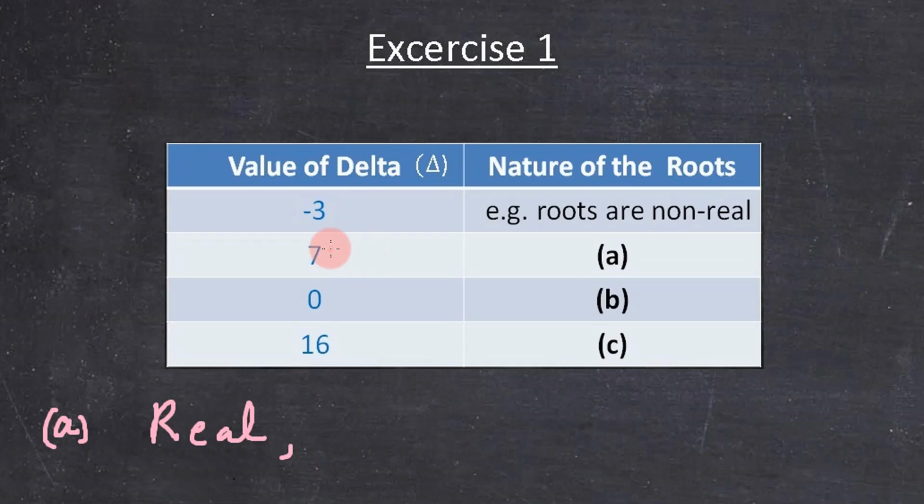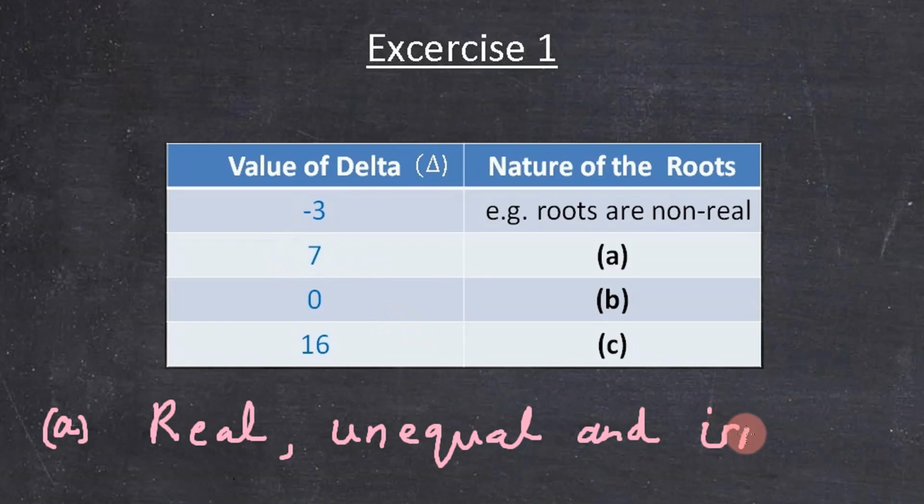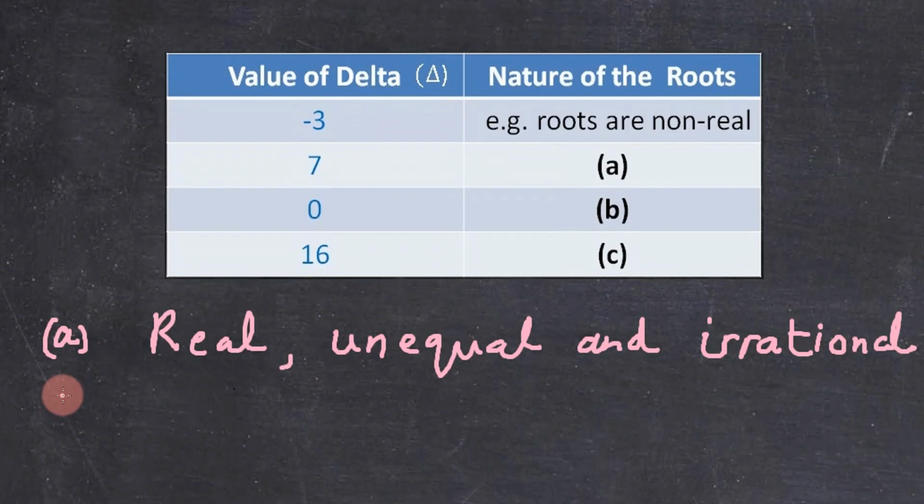Then secondly, 7 is not equal to 0, so we also know that the roots will be unequal. Then thirdly, 7 is not a perfect square, so we know that the roots will also be irrational. So in B, delta is equal to 0.